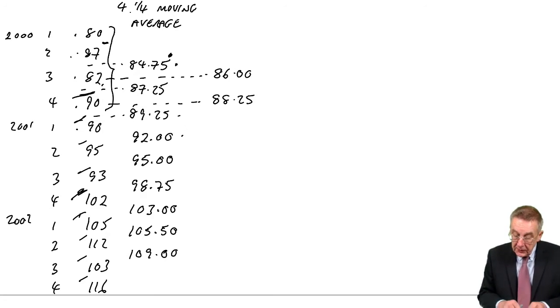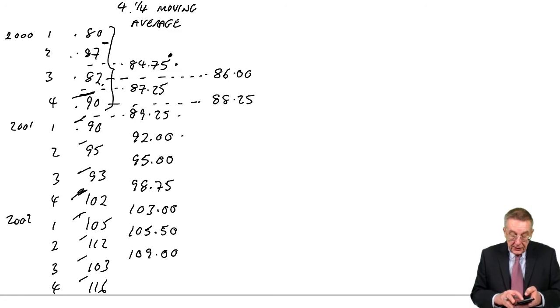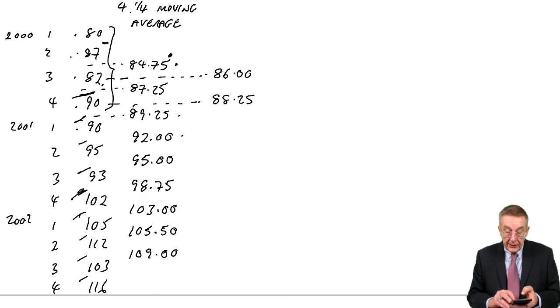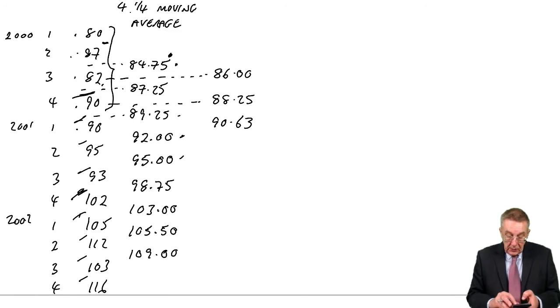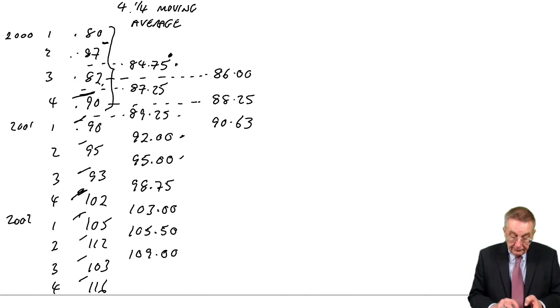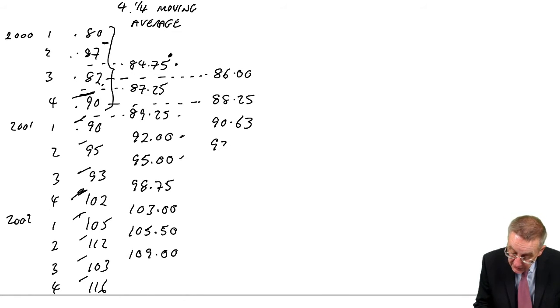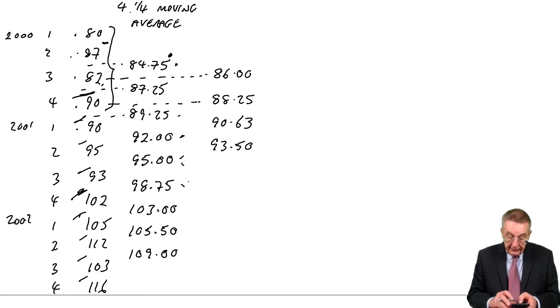The next one is those two. 89.25 plus 92 divided by 2 is 90.62, or 63, doesn't matter which way we round. The next two, 92 and 95, gives me 93.5. The next two, 95 plus 98.75.